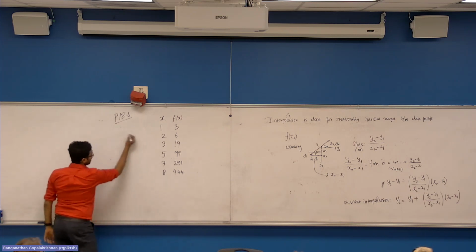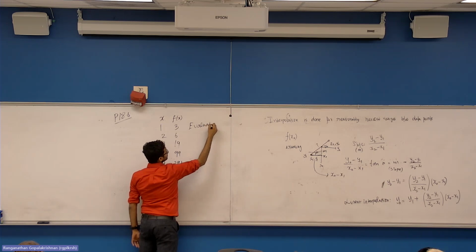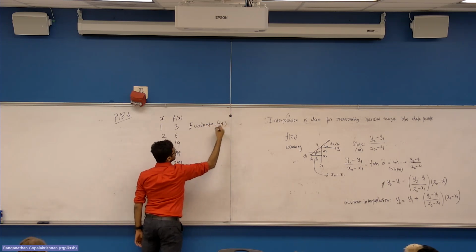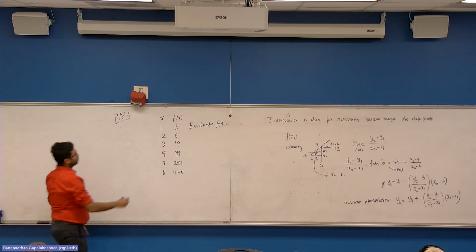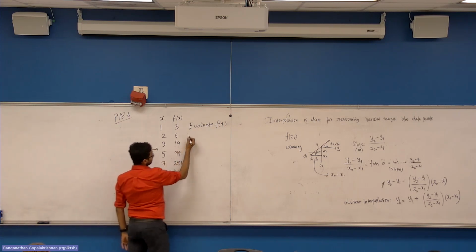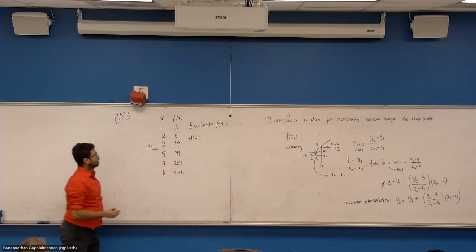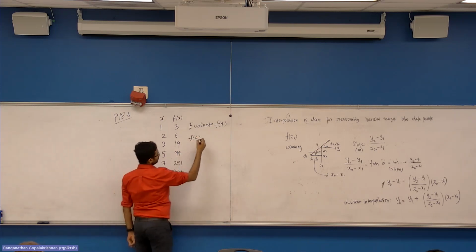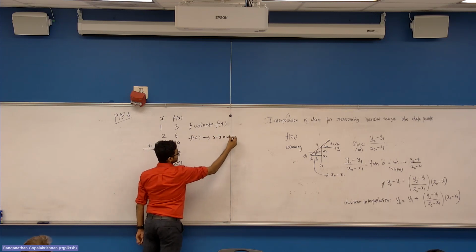We would like to evaluate f of 4, which isn't on the list. So 4 obviously lies between 3 and 5. So we would say f of 4, if you want to know, you would base it on x equal to 3 and x equal to 5.